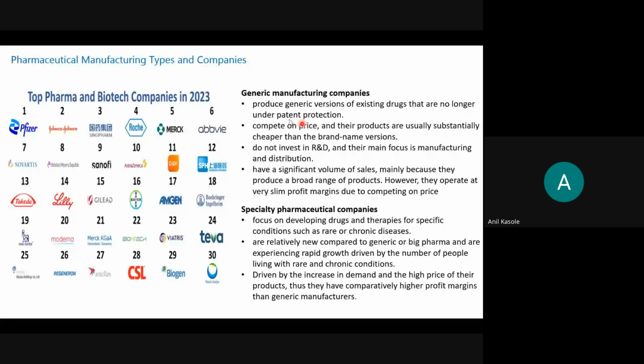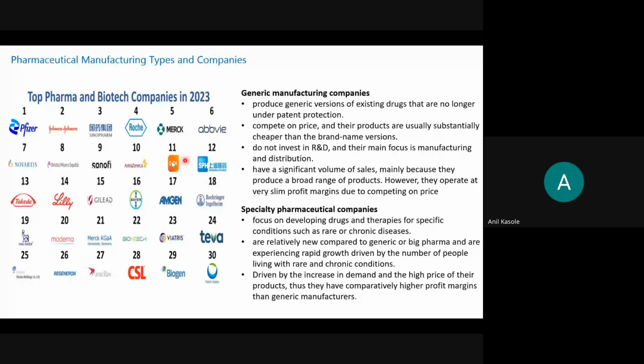On the left hand side, you can also see what those generic manufacturing companies in the world are. This is the trend for 2023. Just to understand, this is according to the rank. Pfizer is number one, followed by Johnson & Johnson, Sinopharm, Roche, Merck, AbbVie, right?